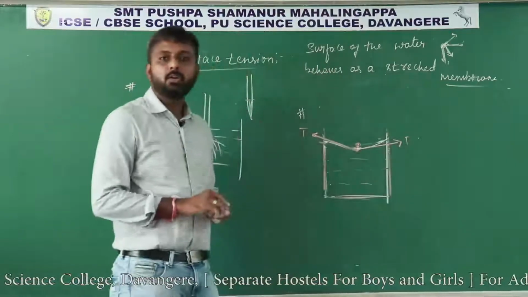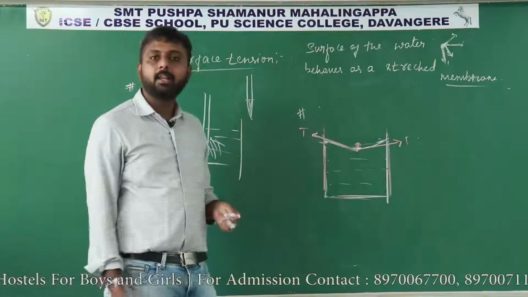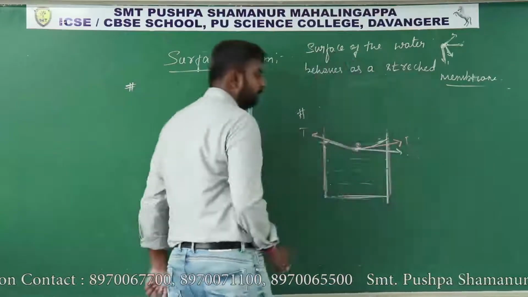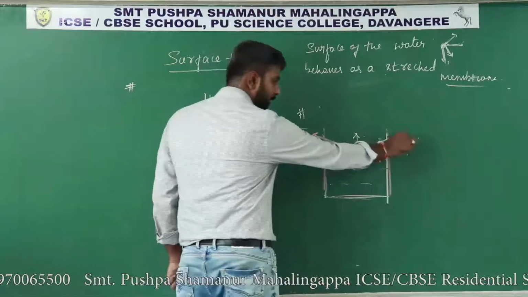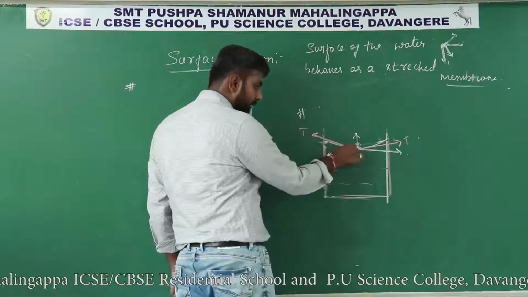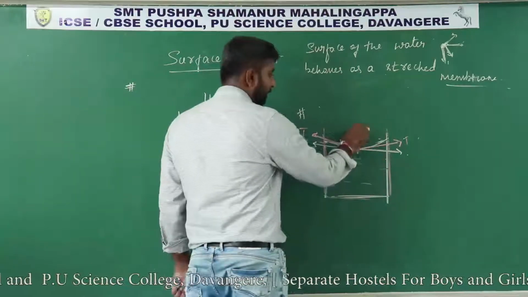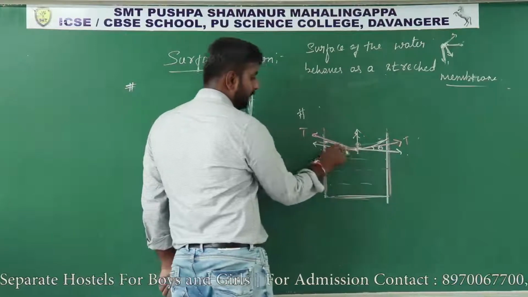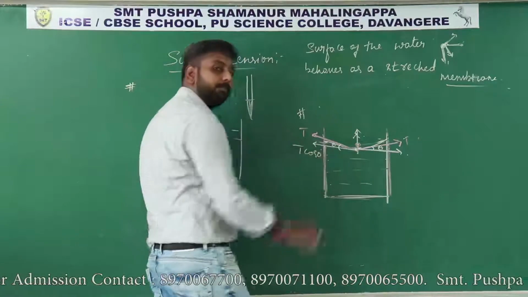Then what you have to do, you have to resolve this tension force into two rectangular components. One is along the horizontal direction, one is along the vertical direction. I resolved this force into two directions. Here also this force I will resolve into two directions. If we consider this angle theta, then the horizontal component becomes T cos theta.